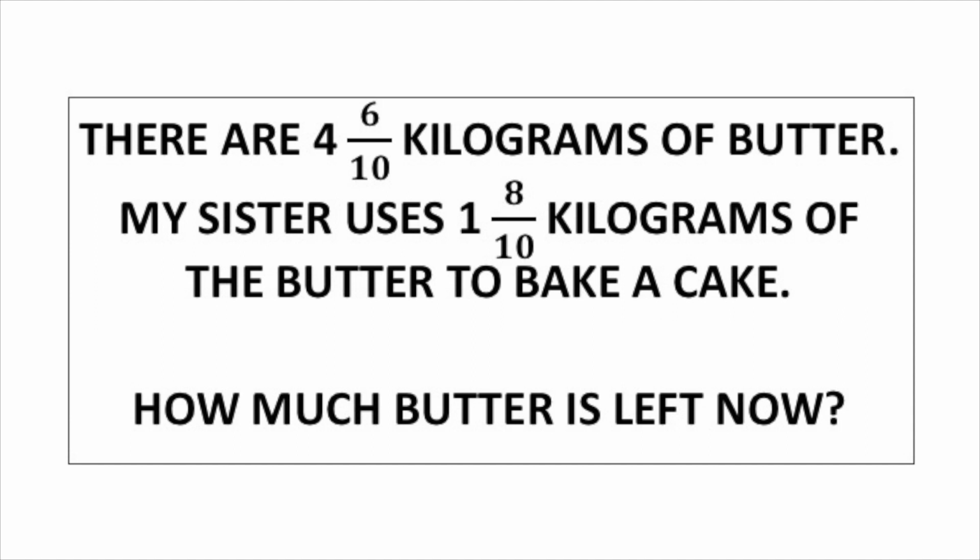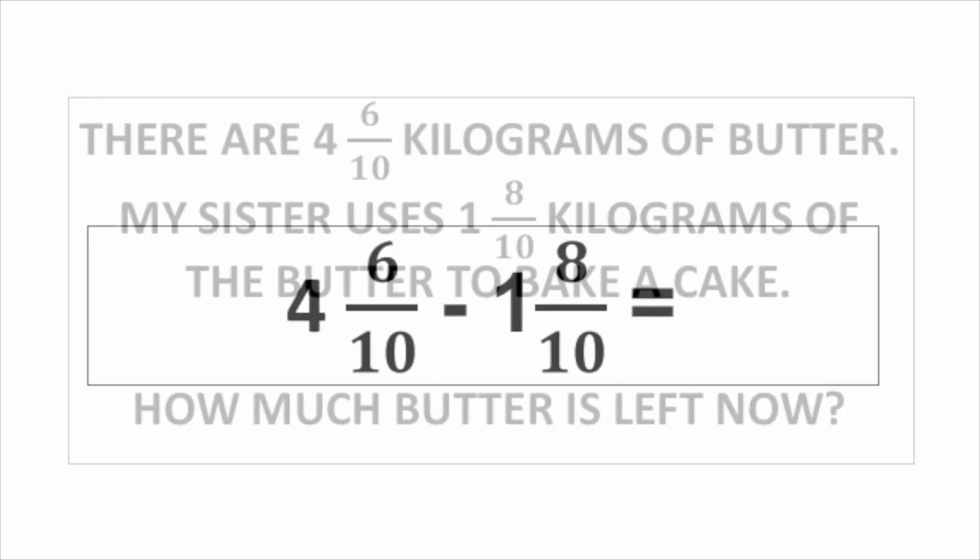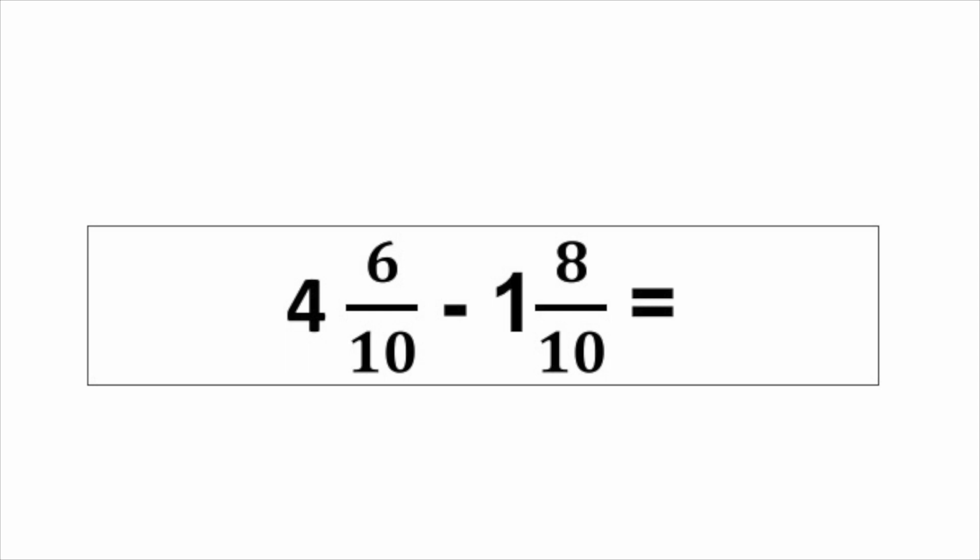Okay, so we've read the word problem. What's our first number? We've got 4 and 6 over 10 kilograms of butter. But my sister uses 1 and 8 over 10 kilograms of the butter to bake a cake. So our word problem calculation this time is 4 and 6 over 10 minus 1 and 8 over 10.